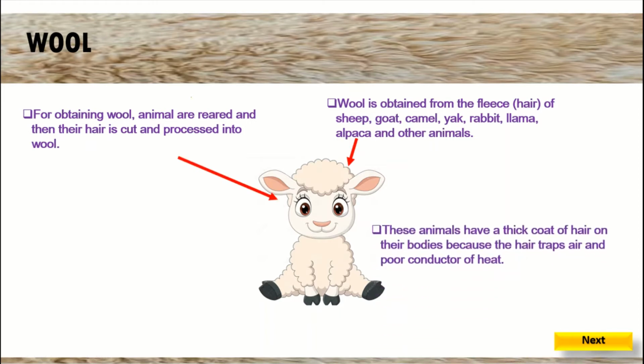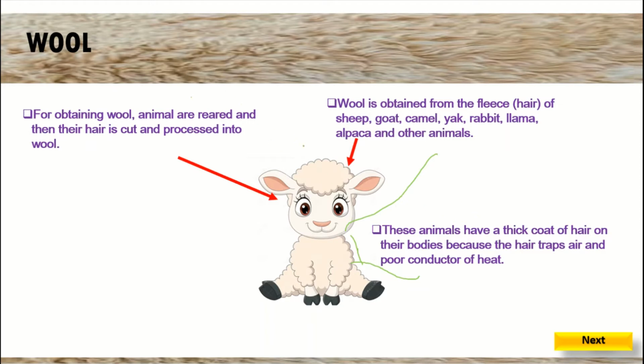So these animals have a thick coat of hair on their bodies because the hair traps air and is a poor conductor of heat, right? Their hair is very thick, right? You know the meaning of thick, right? Rough.